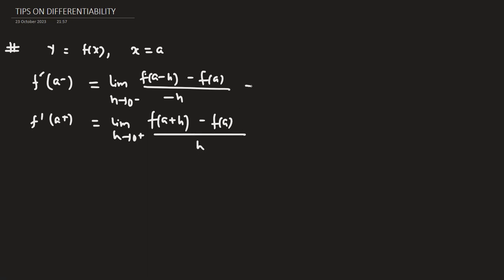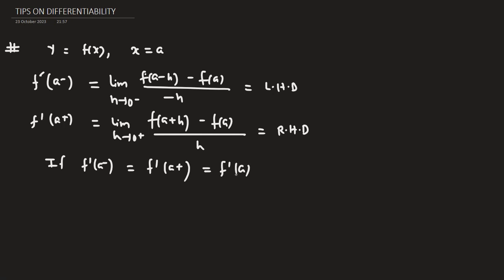If both values are the same, that is f dash a minus equals f dash a plus, then we say that the function is differentiable at the point a and we write f dash a.